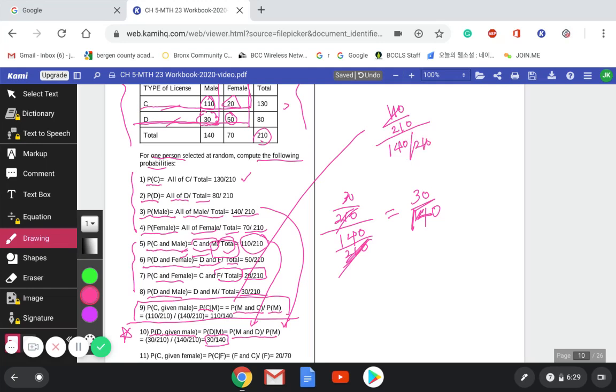So 210 and 210 cancel out. You end up with 110 out of 140. That was number 9. And number 10 is 30 out of 140.